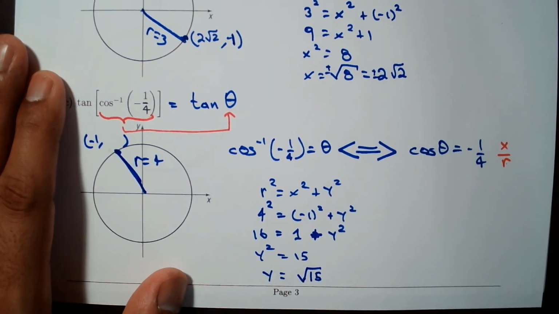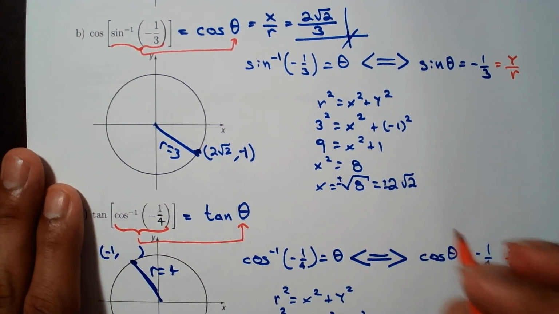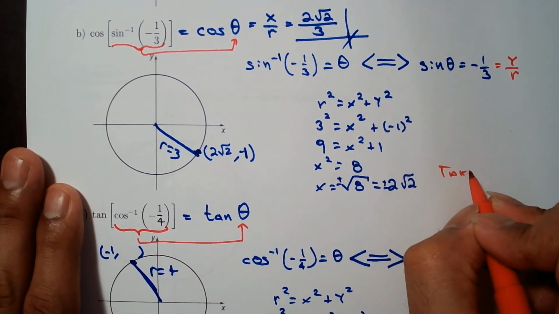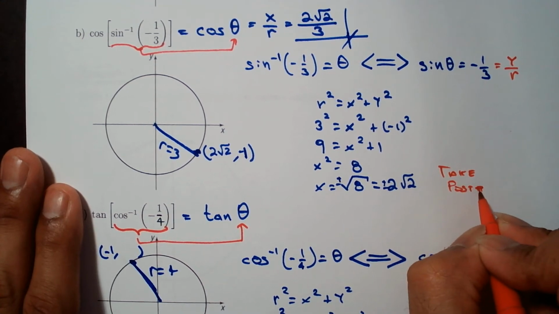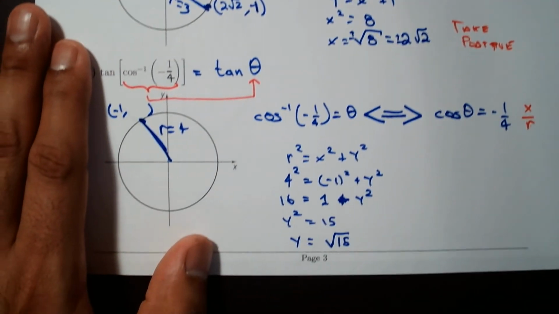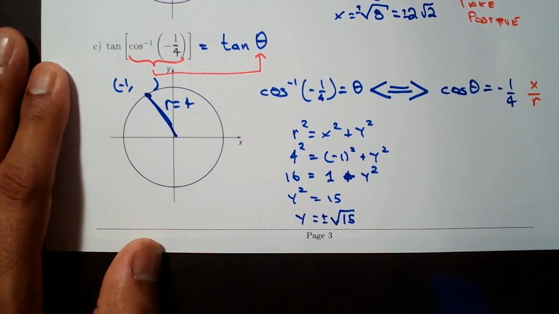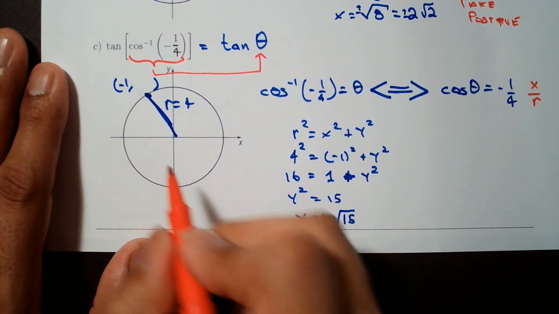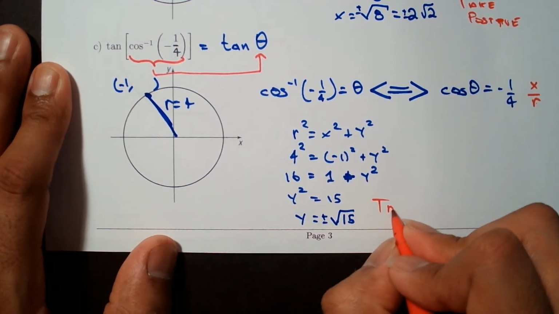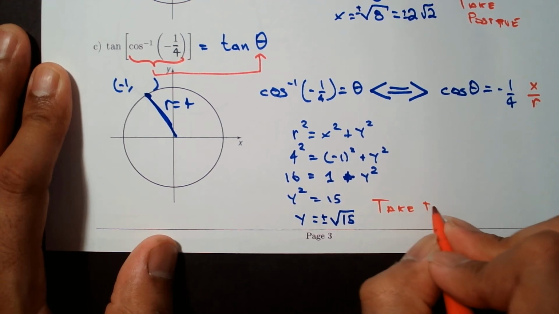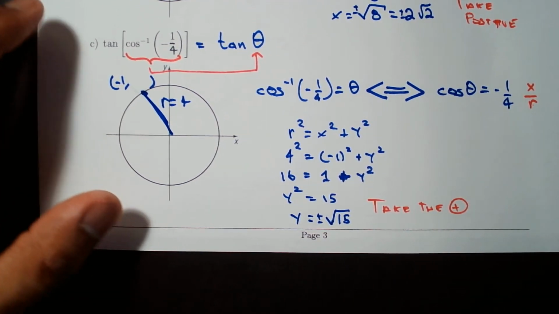But in this case, since x in the previous example was positive, take the positive. Over here on the second example, if we put the plus minus sign, our y value goes up in the positive direction, so we take the positive as well. All right, take the positive only.